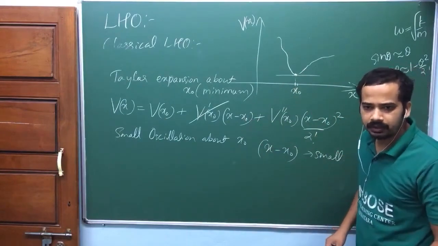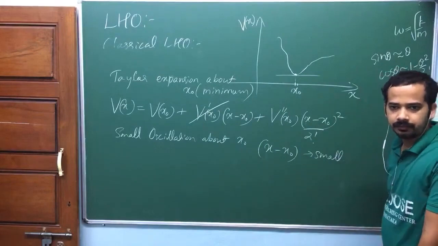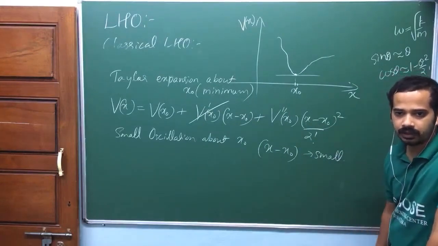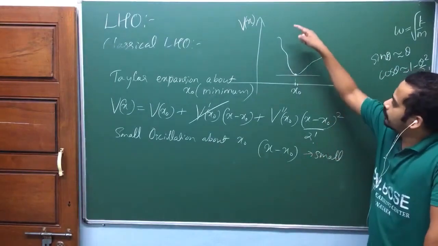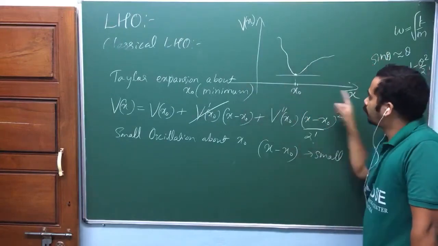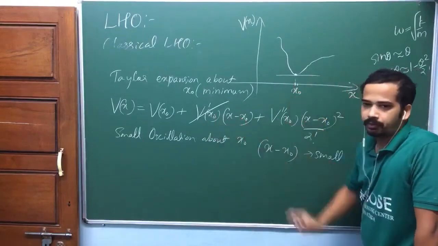Or maybe in tomorrow's session, let me show some graphs from GeoGebra. I'll make some graphs of the Taylor expansion. I think you will understand it. Taylor expansion means if you have infinitely many terms, it will explain the whole curve from all regions of the x-axis. If you have only some terms, it will explain only some portion of that one.